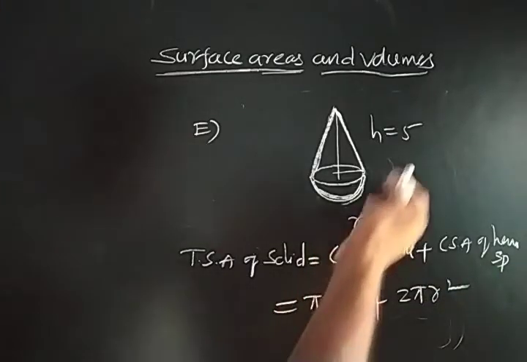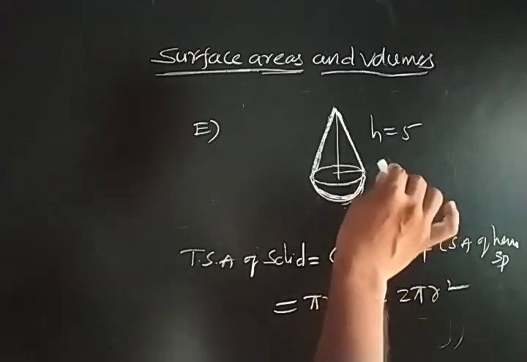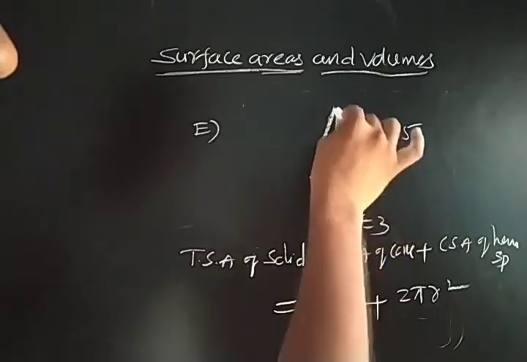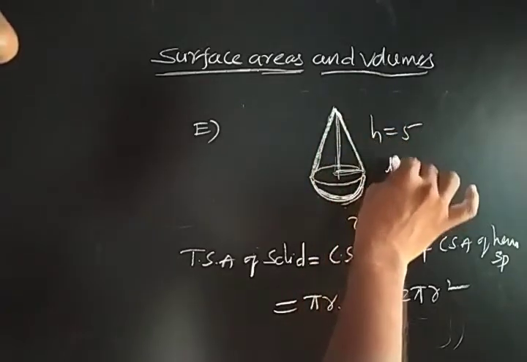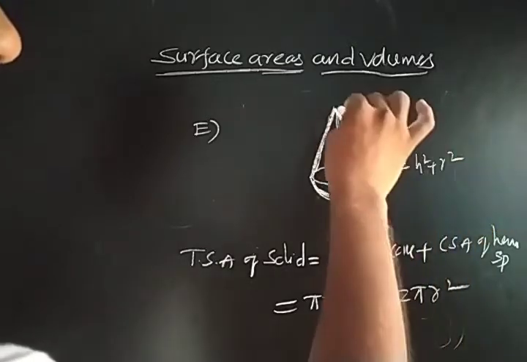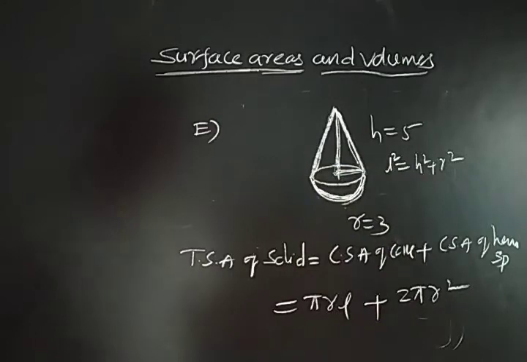Now we have r and h, but we don't have l. In the cone, to find l, this is h and this is r. So you can consider this as a right angle triangle, and this is the hypotenuse. We know the formula, l square equal to h square plus r square. Why? Because l is the hypotenuse, h is adjacent, and this is opposite.